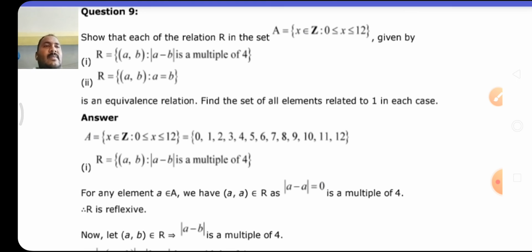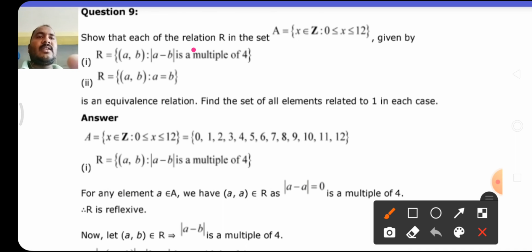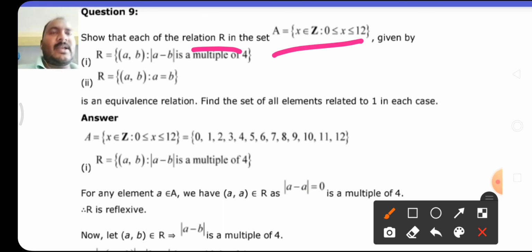Next, example number 9. Show that each of the relations R in the set A = {x belongs to Z : 0 ≤ x ≤ 12} is an equivalence relation. Two relations are given.